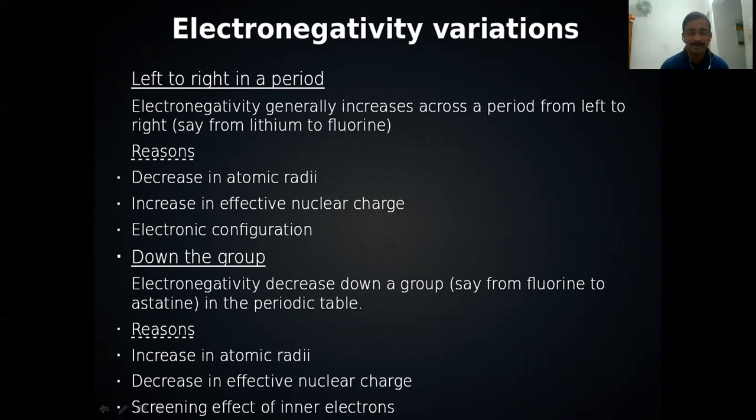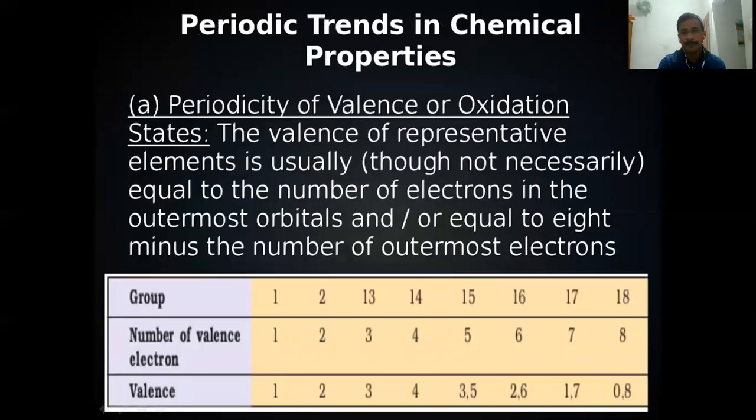The same reasons that we explained in the previous cases: decrease in atomic radii, increase in effective nuclear charge, electronic configuration. And down the group, electronegativity decreases. The reasons are increase in atomic radii, decrease in effective nuclear charge, and the screening or shielding effect of inner electrons.